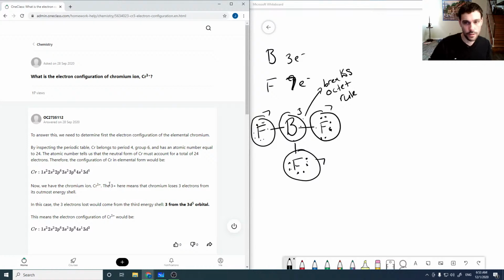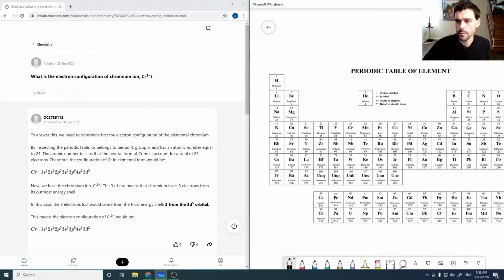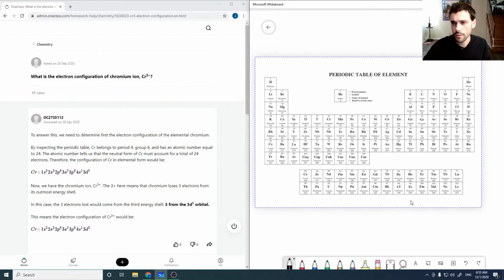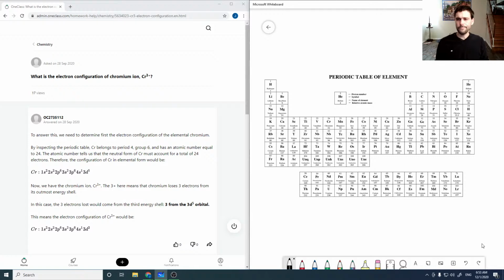Okay. What is the electron configuration of chromium 3+? For this, I'm just going to grab a periodic table and do a bit of shrinking and migration. Okay. So chromium sits here.